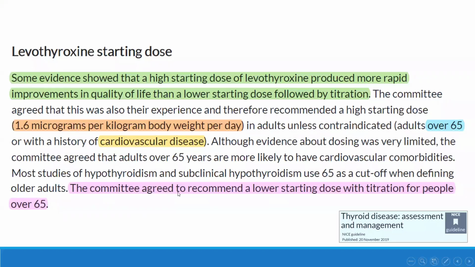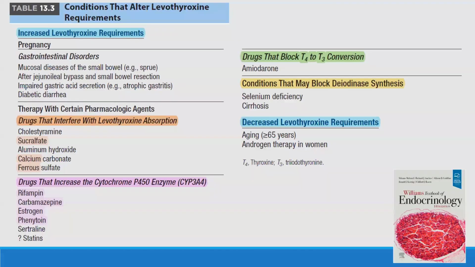The committee agreed to recommend a lower starting dose with titration for people over 65 and of course for cardiac disease. And this table is very important: drugs and conditions that alter levothyroxine requirement, from the Williams Textbook of Endocrinology, the latest edition.